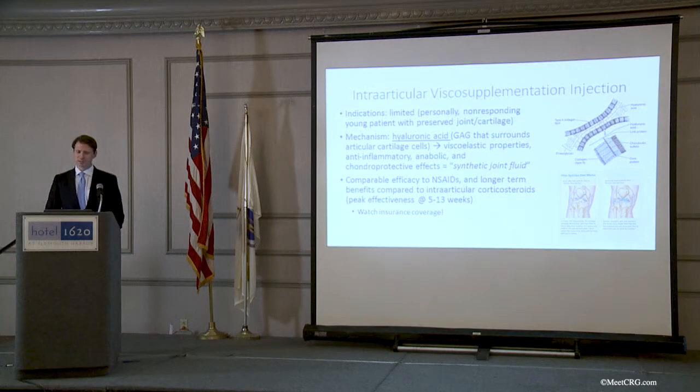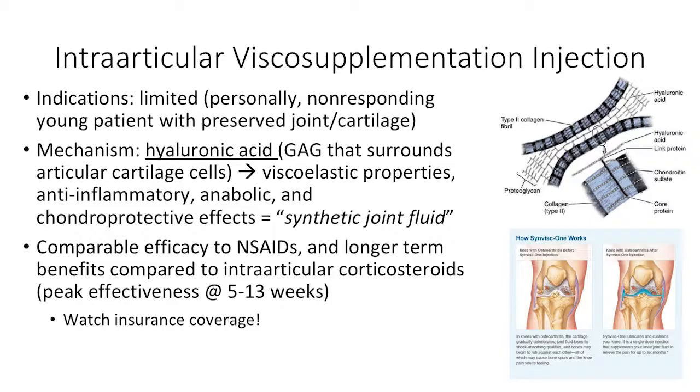So the intraarticular viscosupplementation, so this is the rooster comb injections, the synthetic joint fluid. These are hyaluronic acid, which is the building block of your synovial joint fluid. It's thought to provide more lubrication in the joint, provide anti-inflammatory effects, possibly protect the cartilage cells.